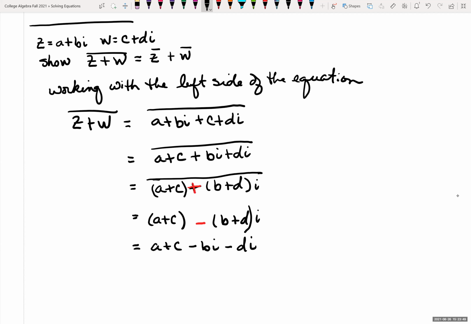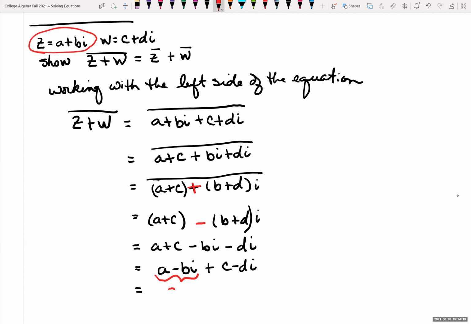Well, I'm trying to show this is equal to the conjugate of z plus the conjugate of w. So let's rewrite this. So I have a minus bi, I'm just rewriting the order, and then I have plus c minus di. But notice that this a minus bi is the conjugate of z, because z is a plus bi.